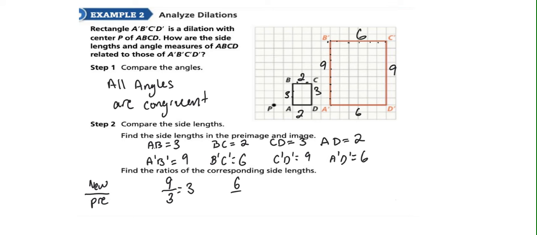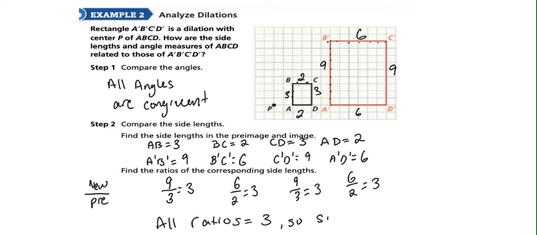This one, the new is 6 over 2, which reduces to 3. 9 over 3 again, which is 3. And then 6 over 2, which is 3. So all ratios are equal to 3. So the sides are proportional.